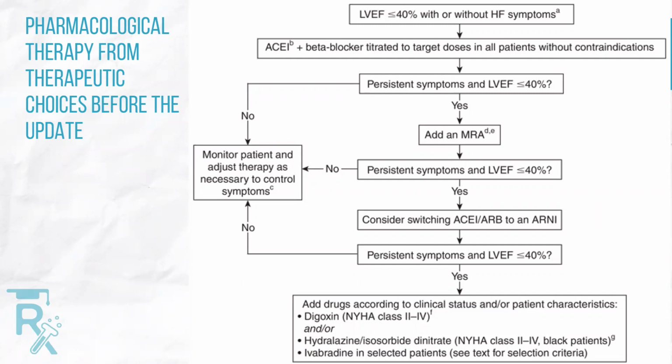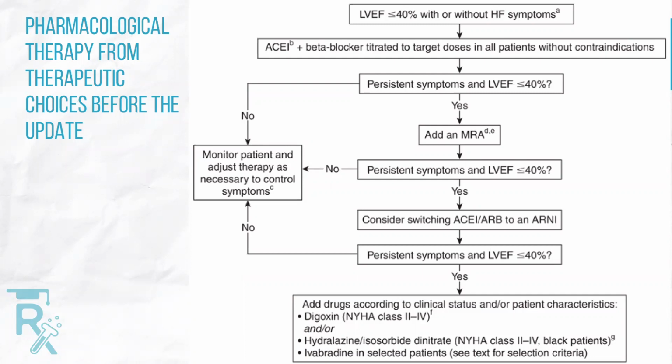So I change the ACE inhibitor to the ARNI, the combination of valsartan and sacubitril. The sacubitril part increases the efficacy of valsartan. So we are now achieving more control over the remodeling and hypertrophy that happen in congestive heart failure patients.